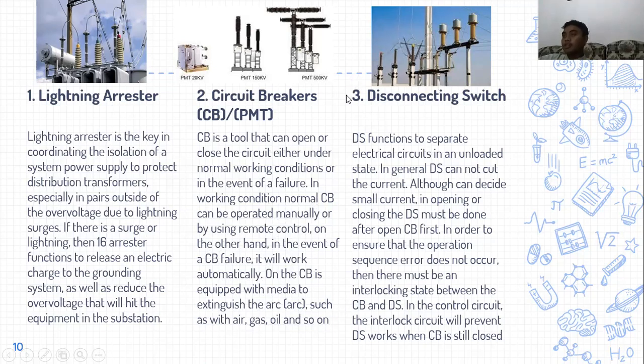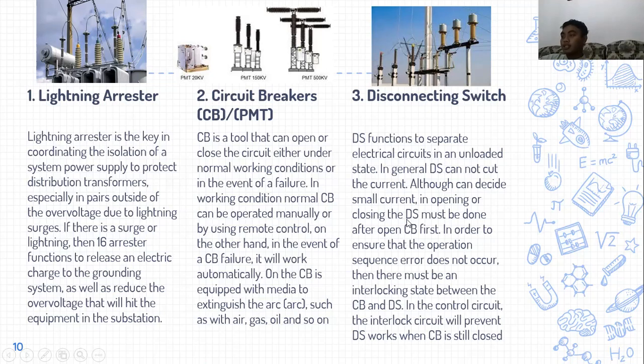The number 3 is disconnecting switch or DS. DS functions to separate the electrical circuit in an unloaded state. In general, DS cannot cut the current, or can only cut small current in opening or closing.